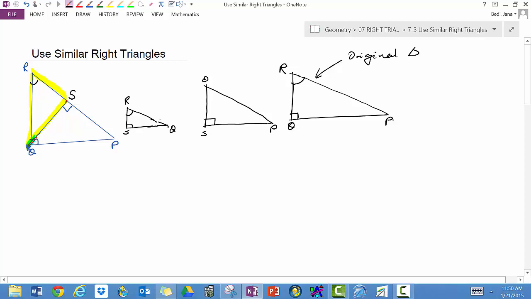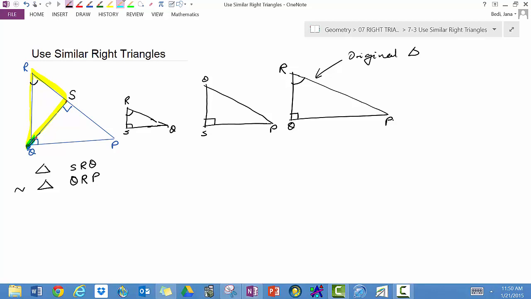So now we've got triangle S or Q is similar to triangle Q. R is common, R. And just to make it simpler, we draw them in the same orientation, but even if you don't, you can look at the angles that are congruent, line them up, and you get your similarity statement.